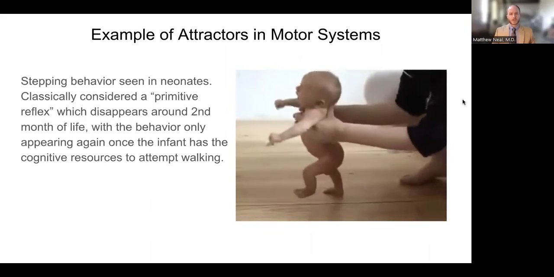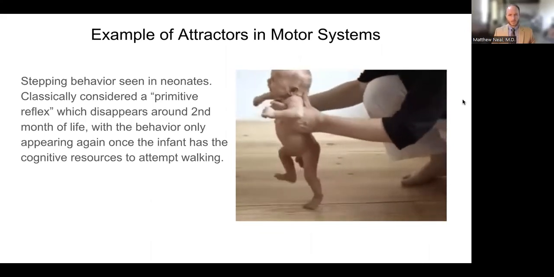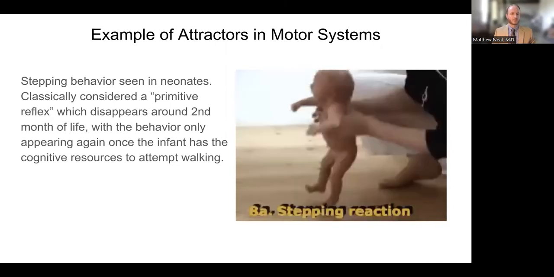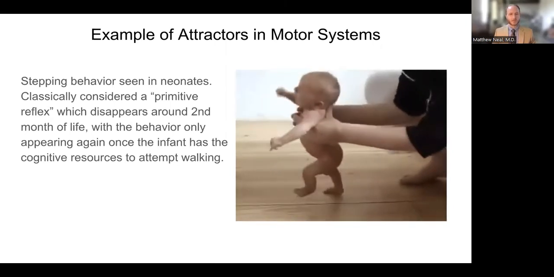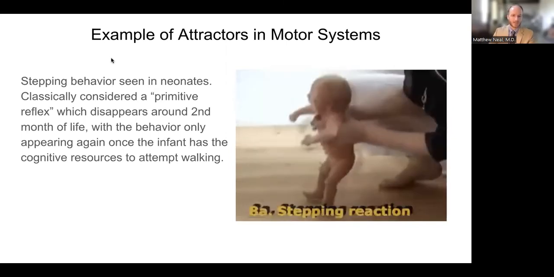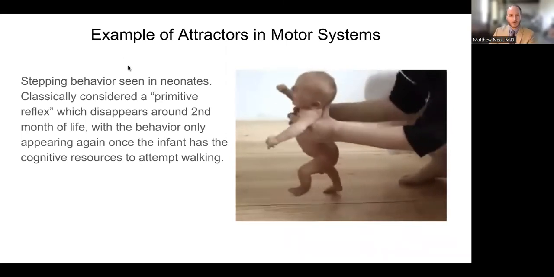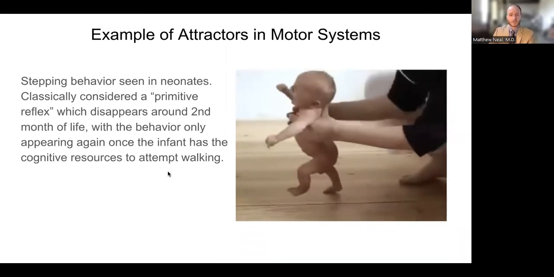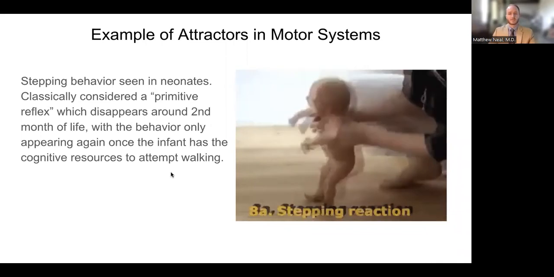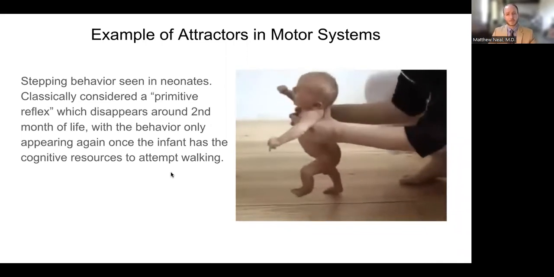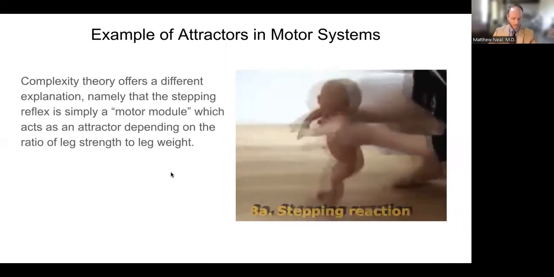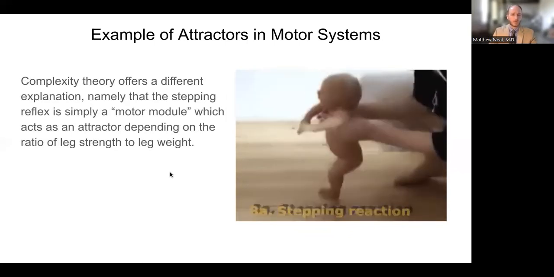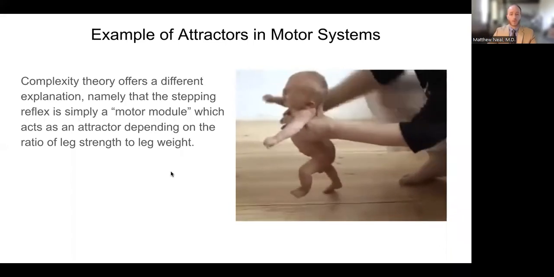We can also see attractors in motor systems. So a classic primitive reflex is the stepping reflex in the neonate, which disappears around the 2nd month of life. And that behavior, the stepping behavior, is only seen again once the baby has the cognitive resources, say, to attempt walking. But complexity theory offers a different explanation there, namely that the stepping reflex is some kind of motor module.